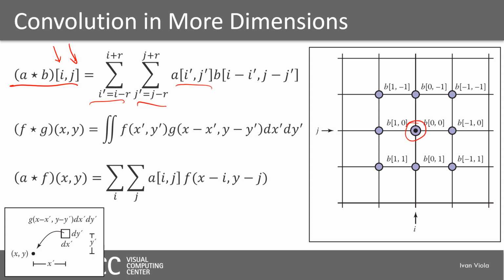So this is our currently processed sample where the output will be written, and we have a neighborhood around it of samples which are contributing to this sample, and these are weighted by a two-dimensional kernel.